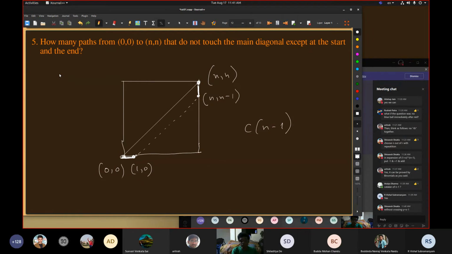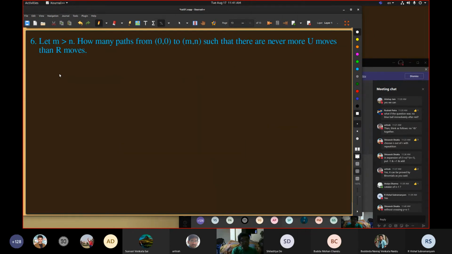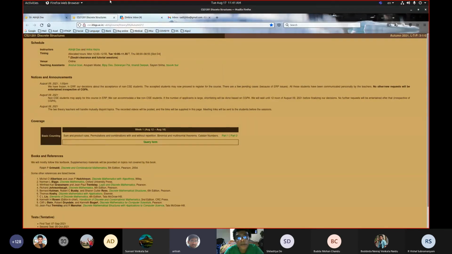And this is fairly straightforward. I think this is the last exercise, so let us do it. Somebody during this session in the beginning raised a question that he cannot understand some derivation of the Catalan number. So could you please clarify what his doubt is? Is there a new query?